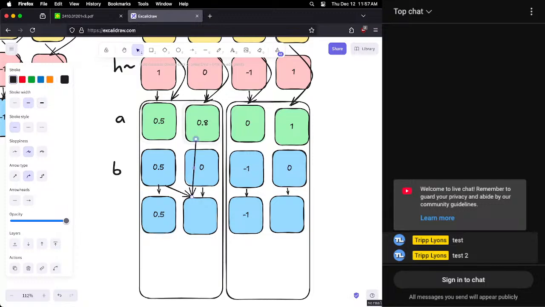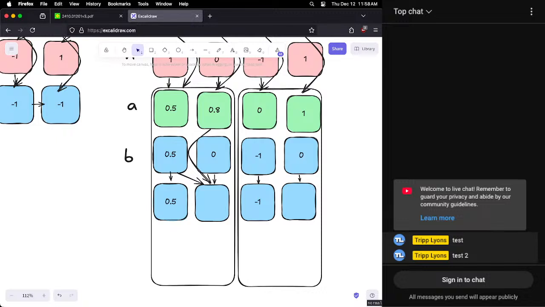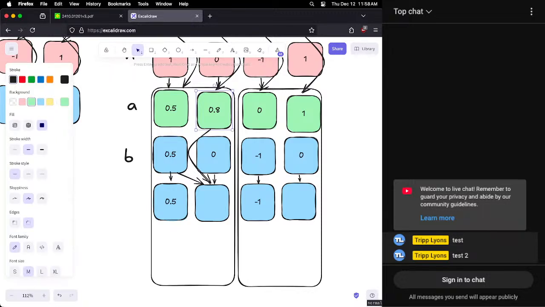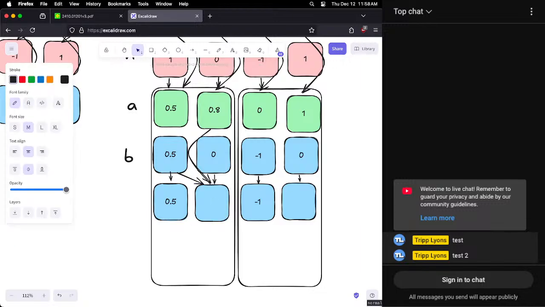So it is this one, since these 3 are needed. So you multiply this 0.5 by 0.8 like we did before, and then we add 0, just like we did before. So this is going to be 0.4.